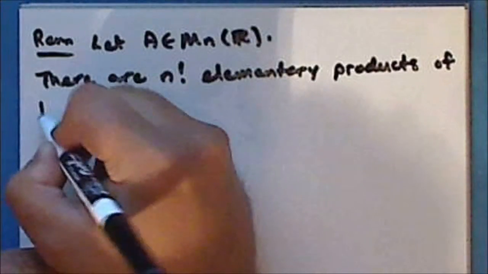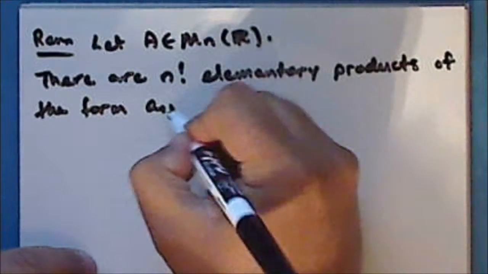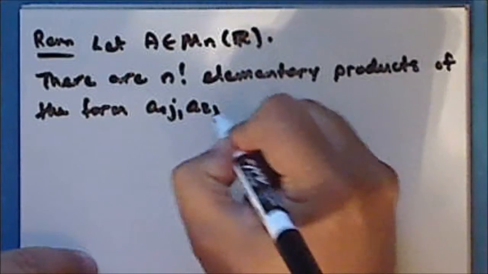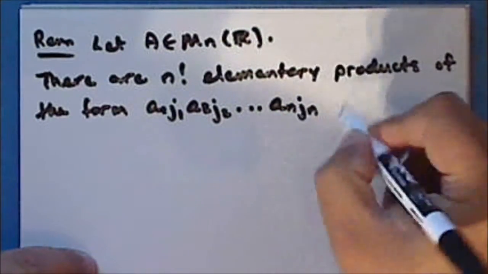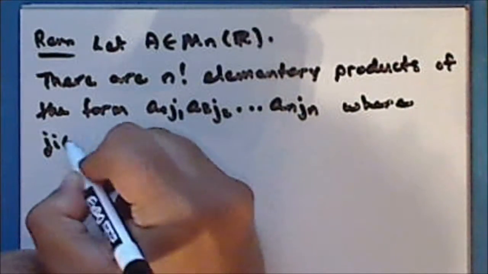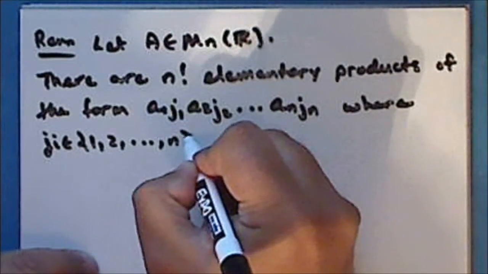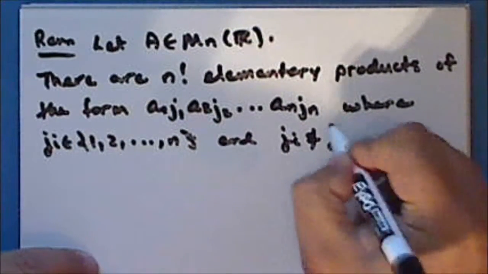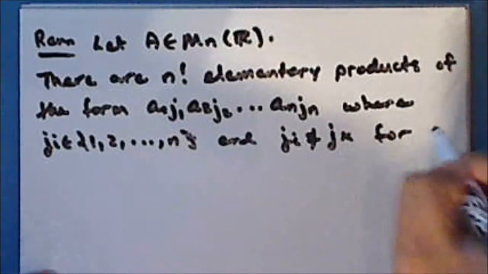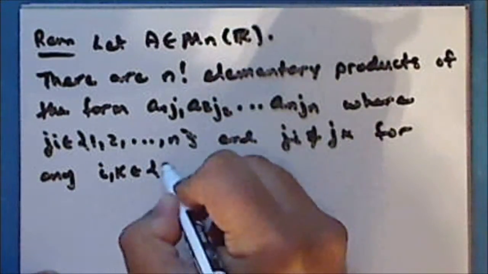Of the form a sub 1, j sub 1 times a sub 2, j sub 2, and so on through a sub n, j sub n, where j sub i is an element in the set of consecutive integers from 1 to n, and j sub i is not equal to j sub k for any i or k in the range from 1 to n.